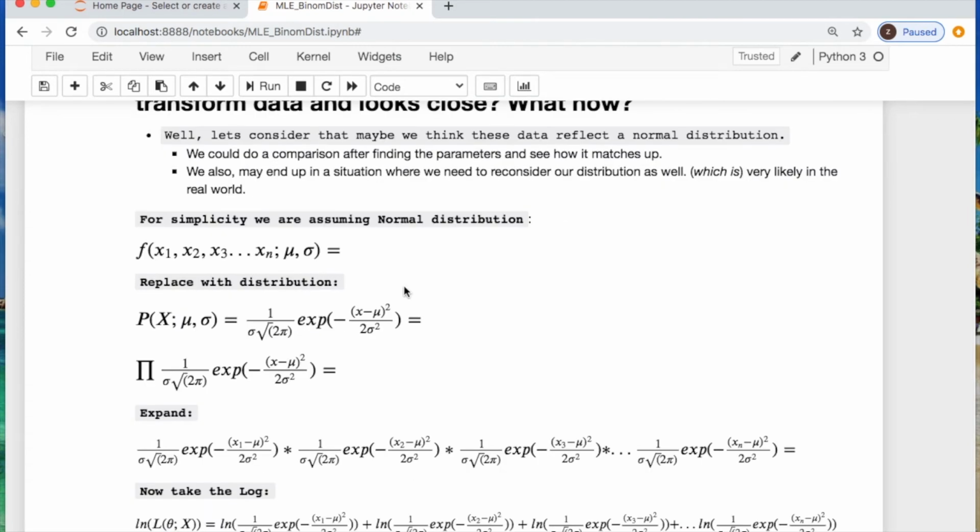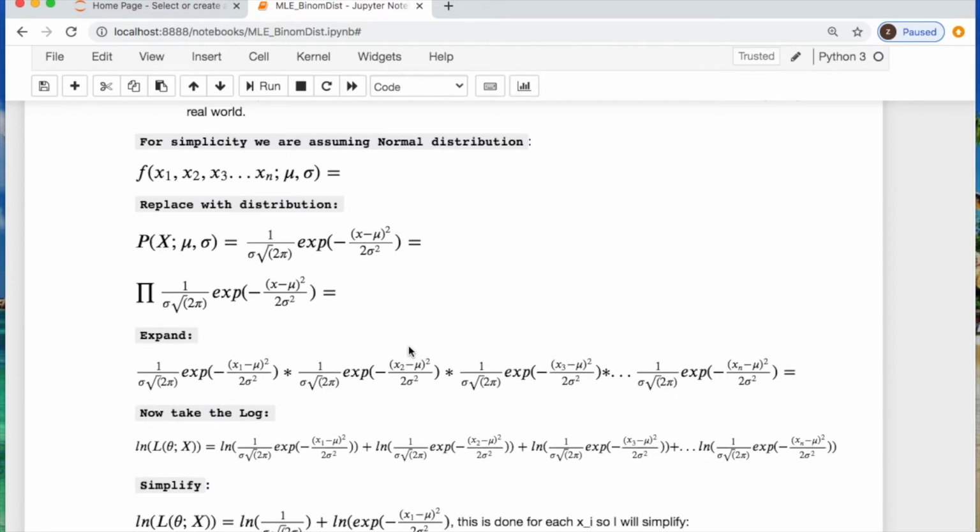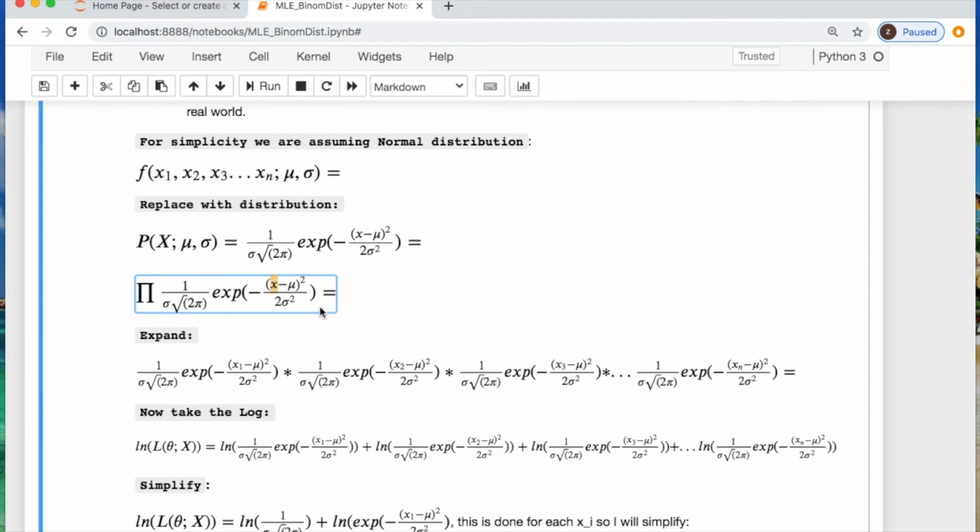Sometimes you may have a distribution that you feel may likely work with the data you have, and then later on you may reconsider and figure out, well, I might have been wrong, when you replot. Let's get into this math once again. So we're taking our parameters with our given data, we're throwing in the exponential function, and then for each value of x, we're going to run it through our exponential function.